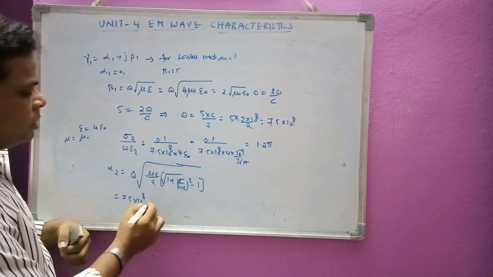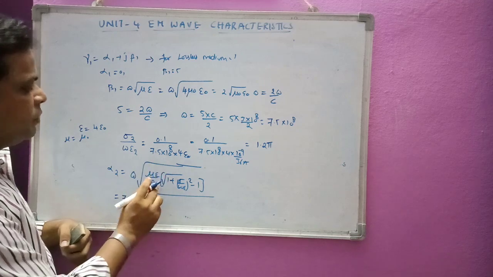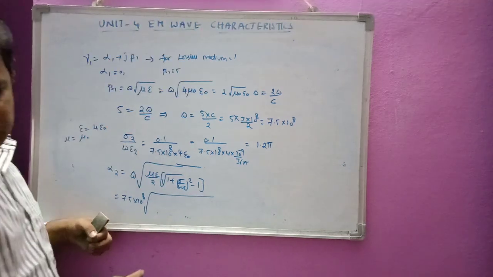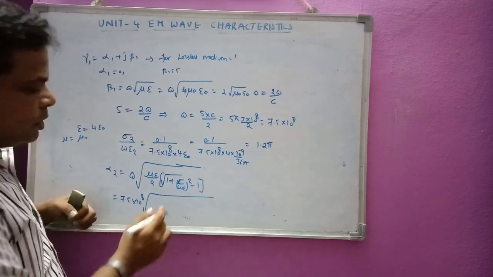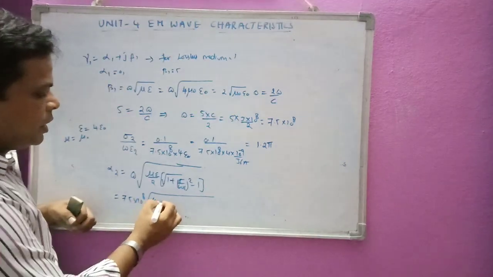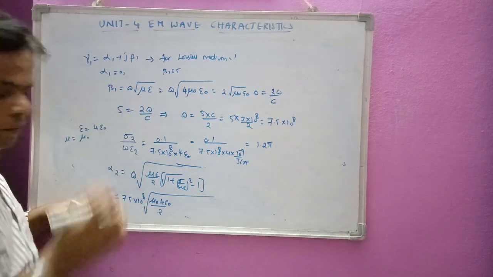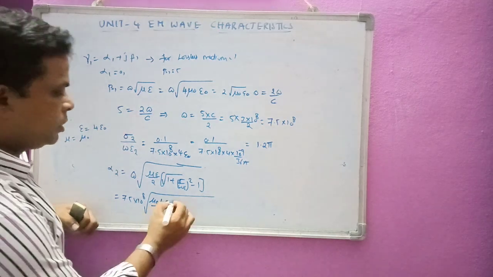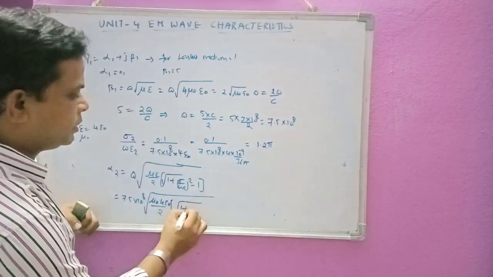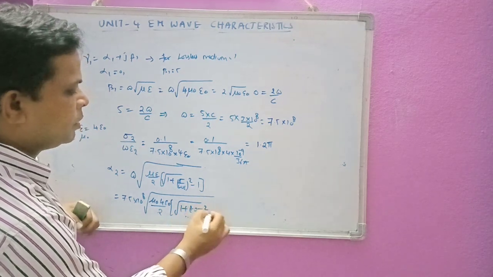Let me write here, mu is equal to mu naught and 4 epsilon naught by 2, and that is square root of 1 plus 1.2 pi whole square minus 1.